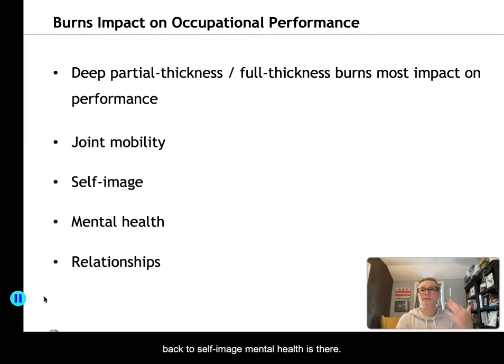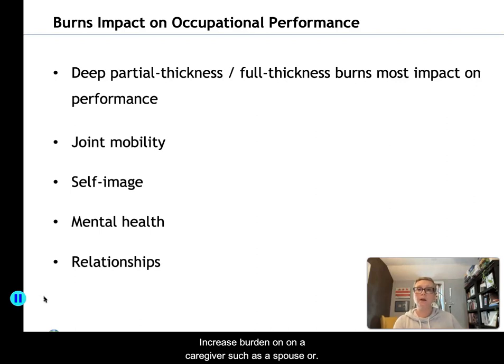How can burns impact relationships? Going back to self-image, mental health, is there an increased burden on a caregiver, such as a spouse or a parent or a child or a friend group? How does that then impact the relationships? And going back to social participation and engaging in meaningful relationships, how do burns have that impact on occupational performance?